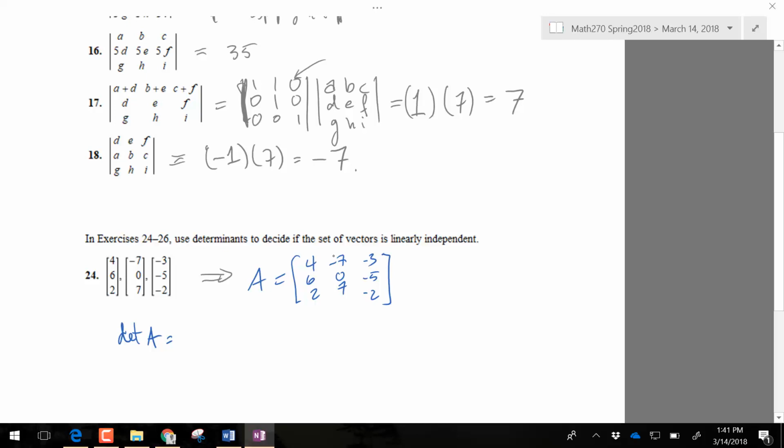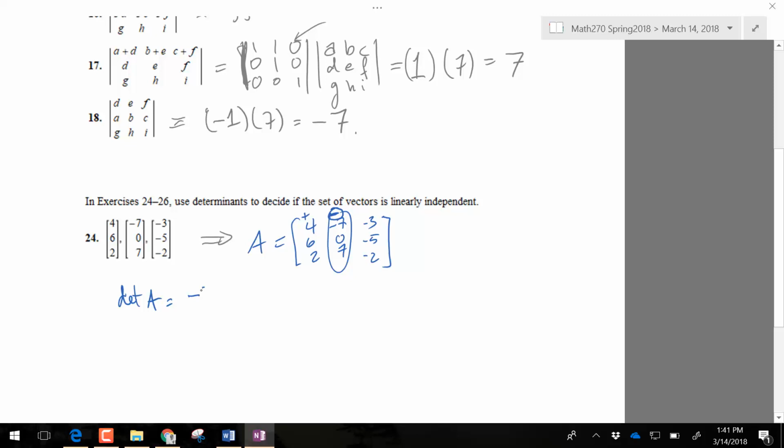So let's go for the second column, and we'll assign our positives and negatives. It looks like I start here with a negative sign. So that's -7, and then cross that out, and then we get 6, -5, 2, -2.